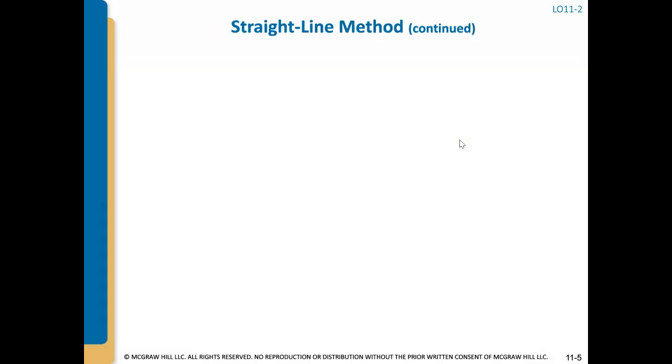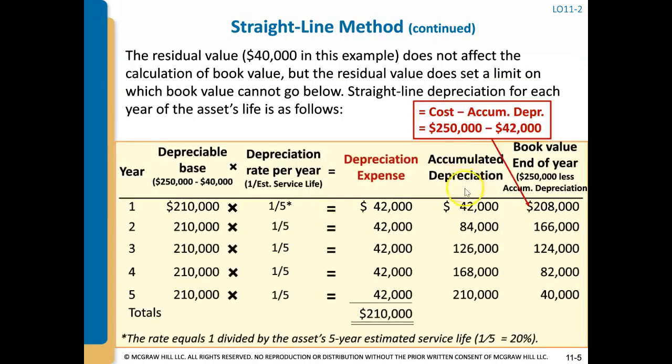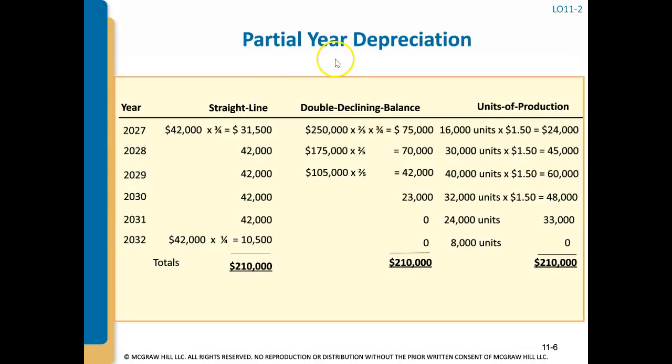So let's go through what happens when we have partial year depreciation, because in our new example, the asset got acquired on April 1 of X1, or of 2027.